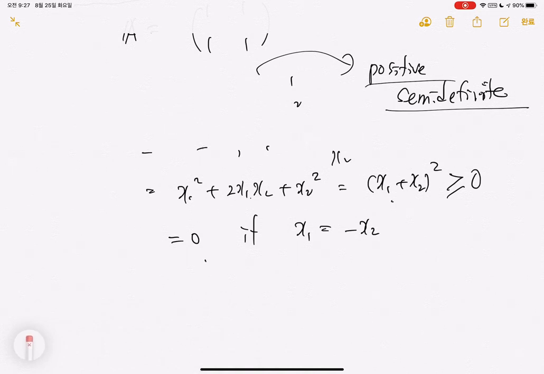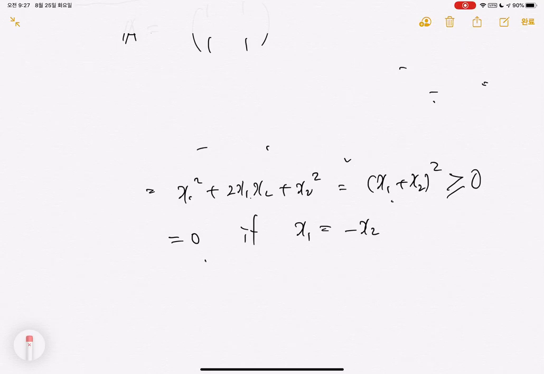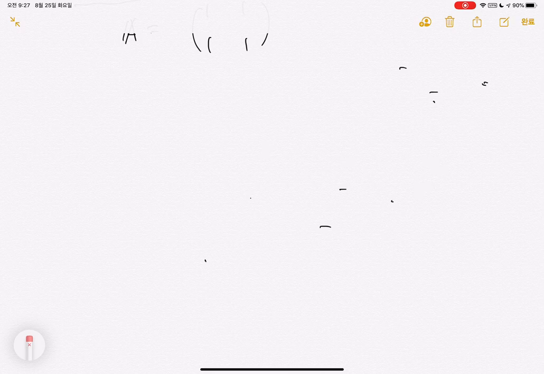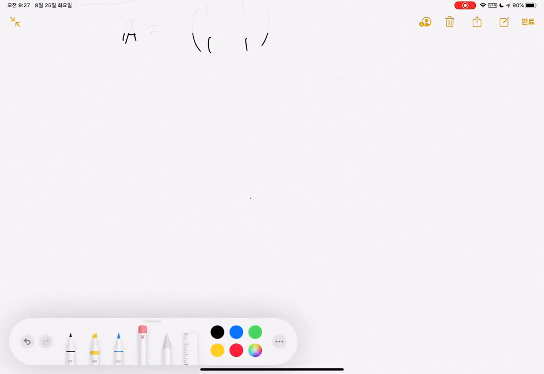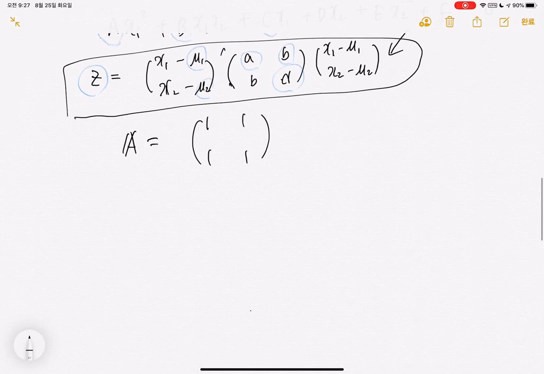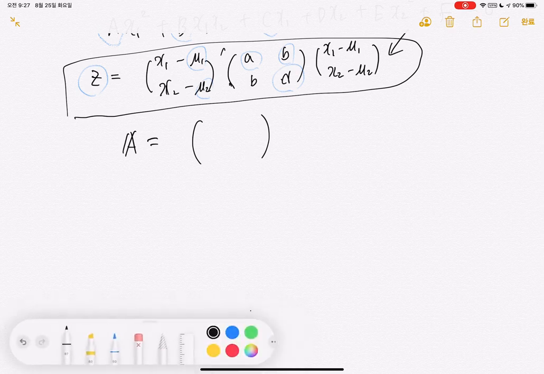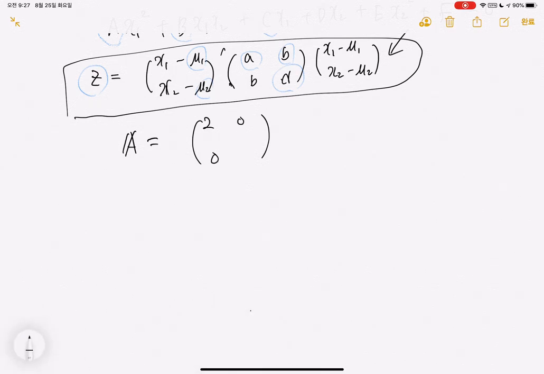Now, let's get back to the positive definite case that we discussed, and I'm going to draw a diagram. So now your A is this, 2, 0, 0, 1.